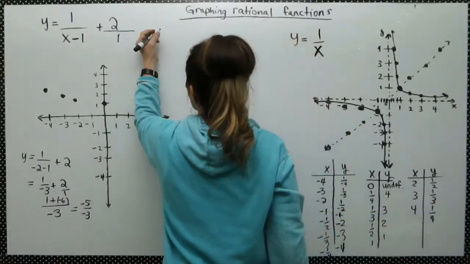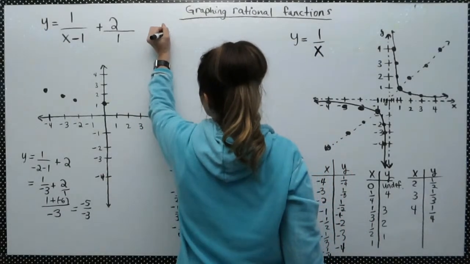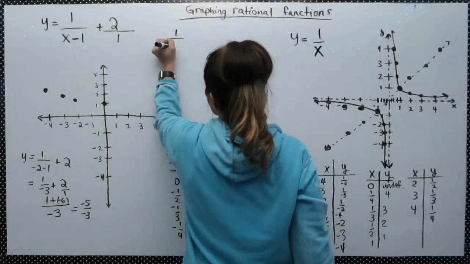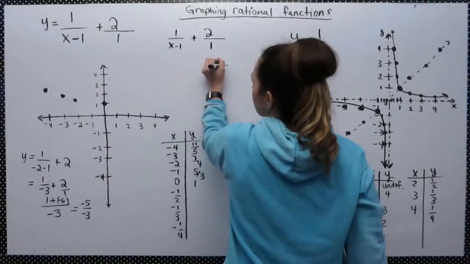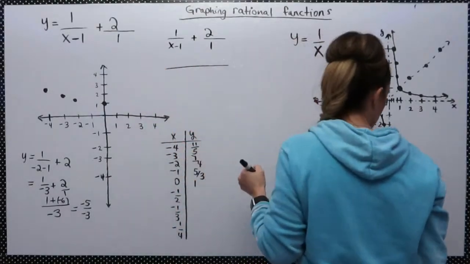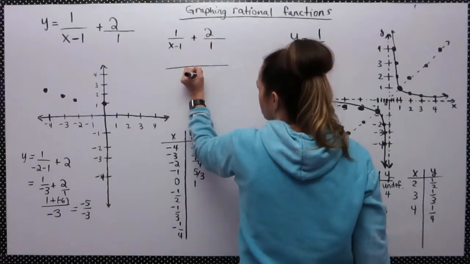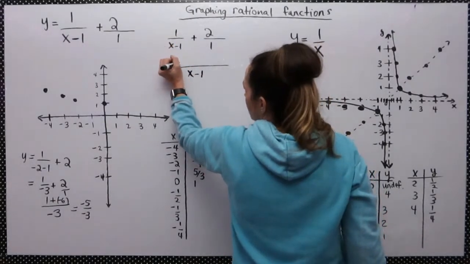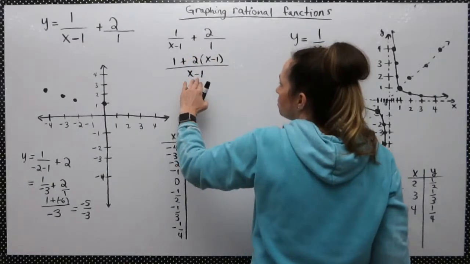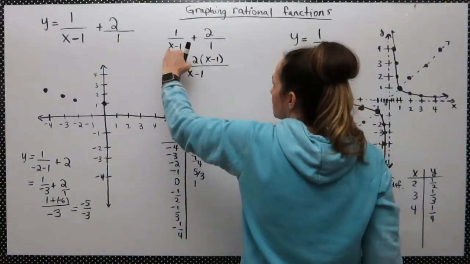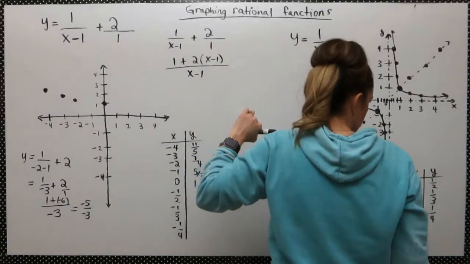But this one, if I want to say 1 over x minus 1 plus 2 over 1, if I want to add these fractions, what I've got to do is get a common denominator of x minus 1. So I'm going to have 1 plus 2 times x minus 1, because I'm just going to multiply what's in the denominator here to get common denominators. Does that make sense?